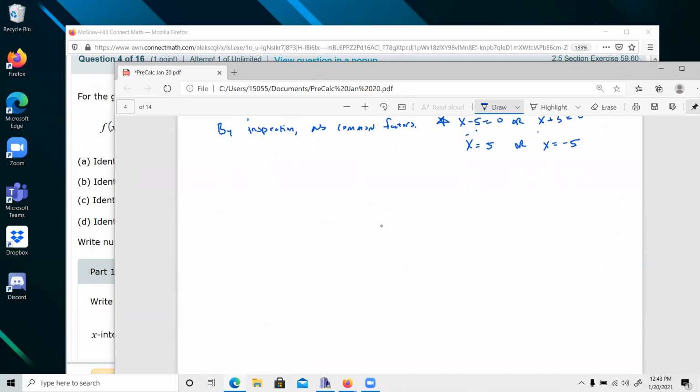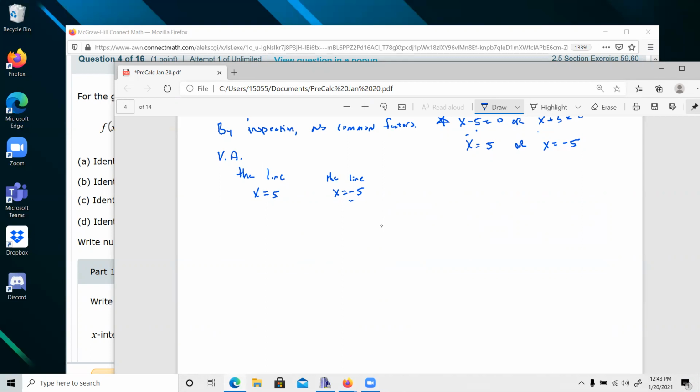All right, so our vertical asymptotes: the line x equals 5, the line x equals -5. I try to do it this way now because I did have a student that complained, and she was right. Absolutely, it's ambiguous just to write down x equals 5.